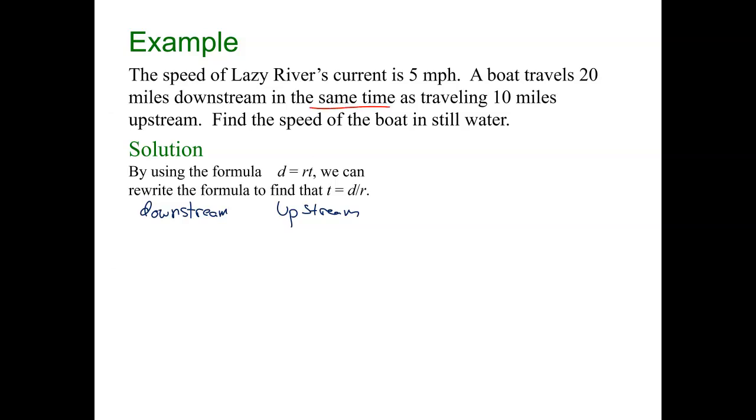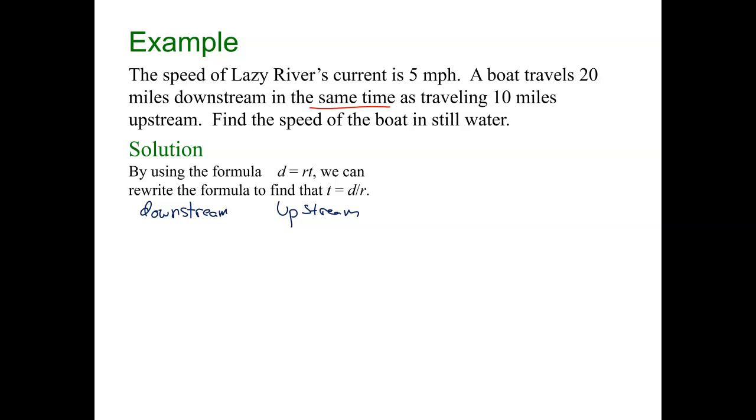They're not traveling the same distance, because one way it goes 20 miles, the other it goes 10 miles. While the speed of the boat in still water is the same, the speed in each direction is not, because upstream is going slower, downstream is going to go faster. So while the stream's speed is constant, the rate of the boat is not the same.